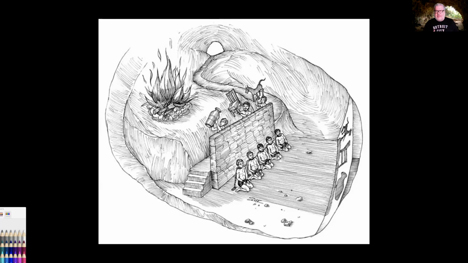He sees something that is scary but intriguing, and he wants to know what it is. We'll ignore the guys behind the wall for now. And so he stands up and he starts to walk up the path through the cave.